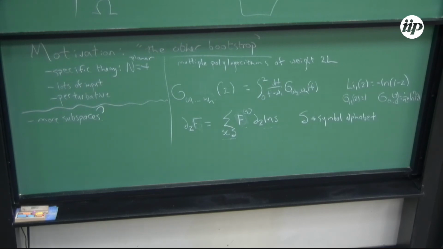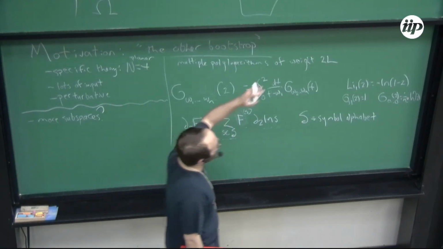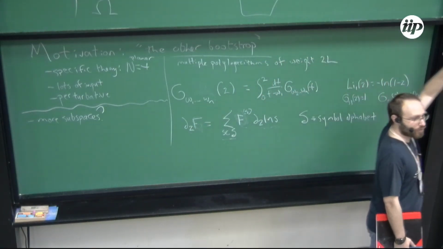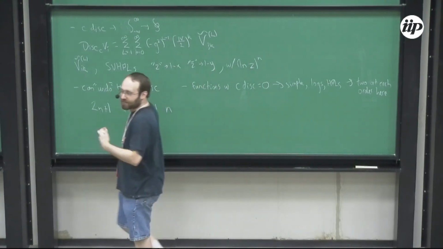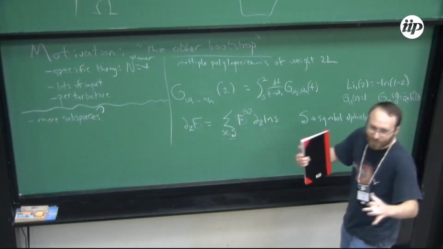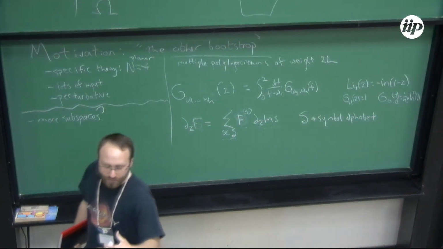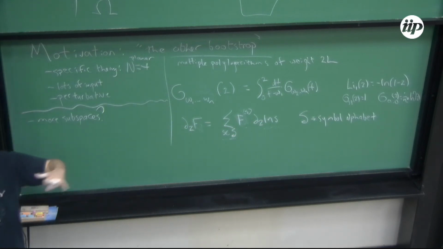Are there other subspaces? Are there other things we could characterize to any order? And we suspect that there should be. That there should be more families of integrals that obey some set of differential equations that you can build up to all orders. And by seeing how these scale, by seeing what the space of those guys is, we could actually start populating the full space.